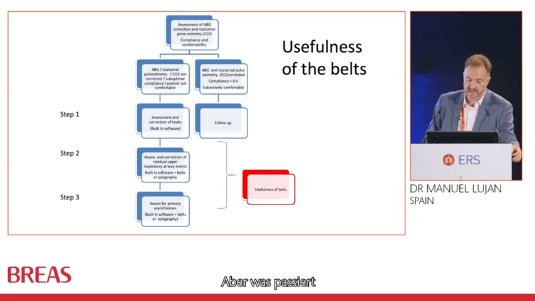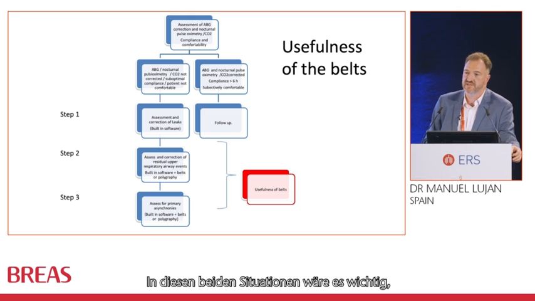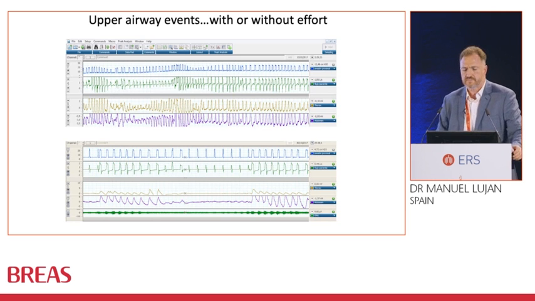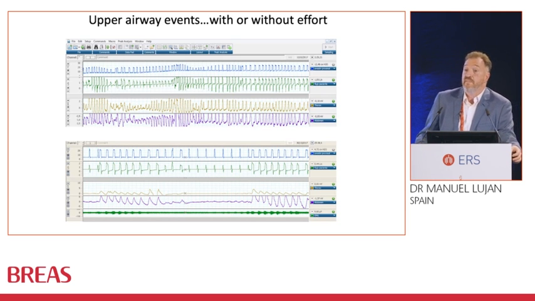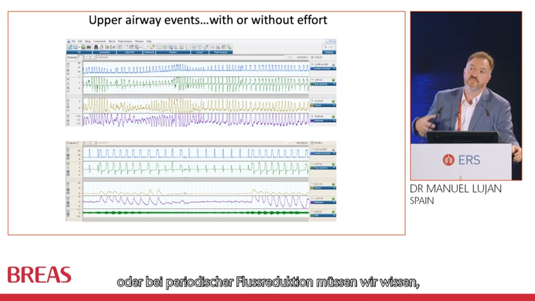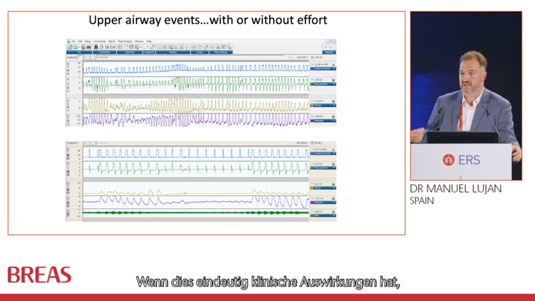But what happens in case of periodic flow reduction or asynchronies? In these two situations, it would be important to have the information about how the patient is breathing. Mainly in situations like this, in upper airway events or periodic flow reduction, we need to know if the patient is fighting or not against the obstruction. This has clear clinical implications.